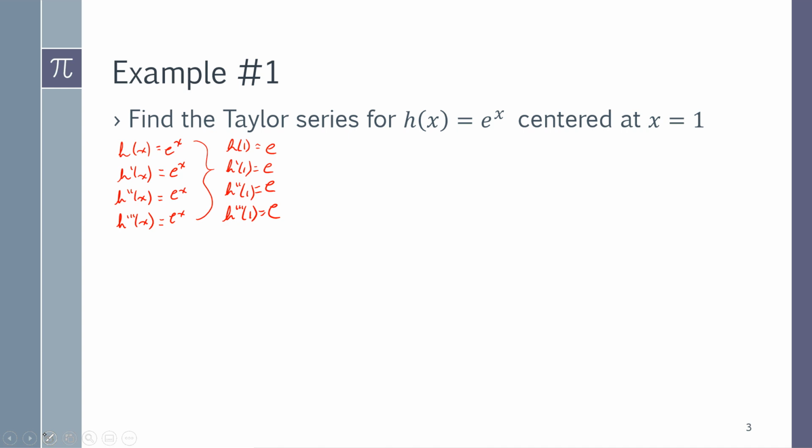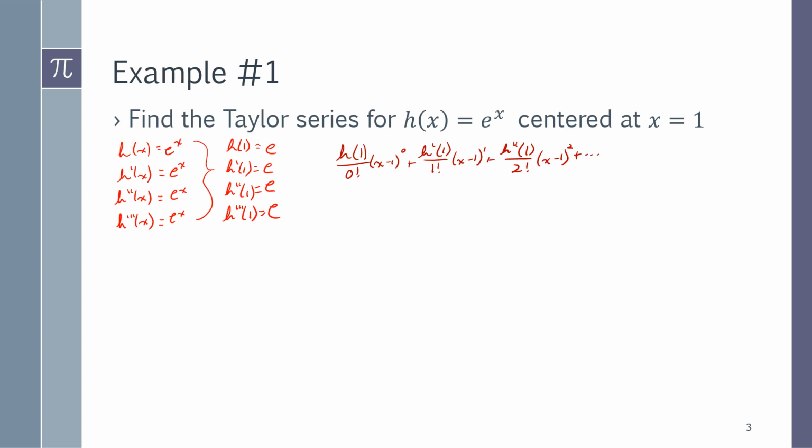And remember that the whole idea here is I'm going to be doing h of 1 over 0 factorial times x minus 1 to the 0, plus h prime of 1 over 1 factorial times x minus 1 to the first, plus h double prime of 1 over 2 factorial times x minus 1 squared, and so on.